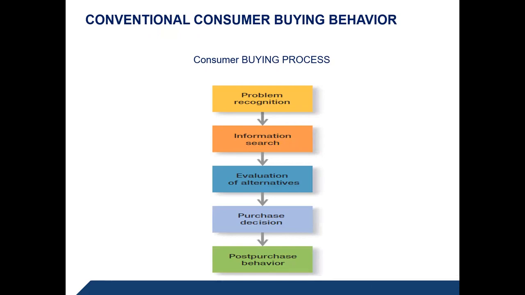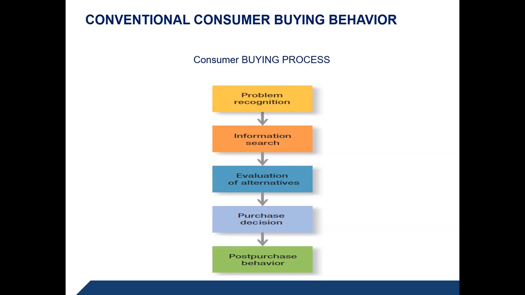And that stage then triggers a series of subsequent stages, which involve searching for information, evaluating the alternatives, purchase decision, and then post-purchase behavior. So we are going to take a look at all of these stages in the subsequent slides.